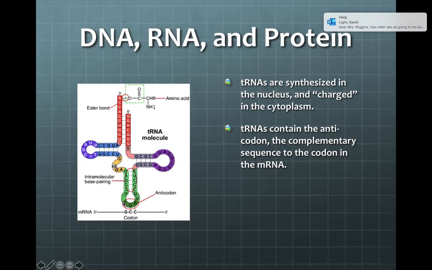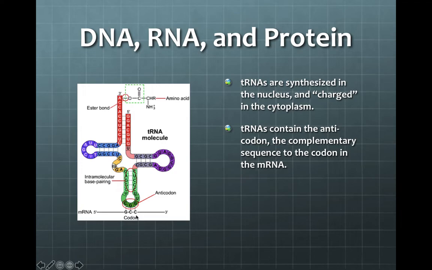Transfer RNA actually has the anticodon, okay? And so this one right here, CGG, is the anticodon of GCC. So the opposite of the messenger RNA, G, is C. The opposite of C is G, and the opposite of C is G. So this is the anticodon. This is the amino acid. This amino acid's codon is GCC.